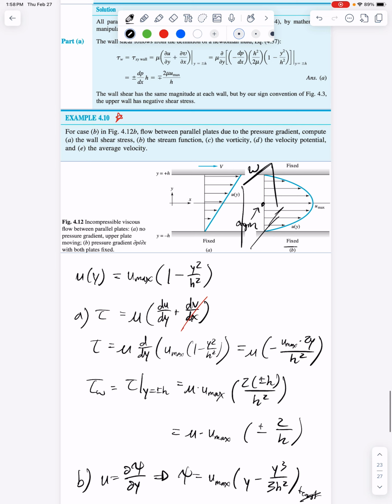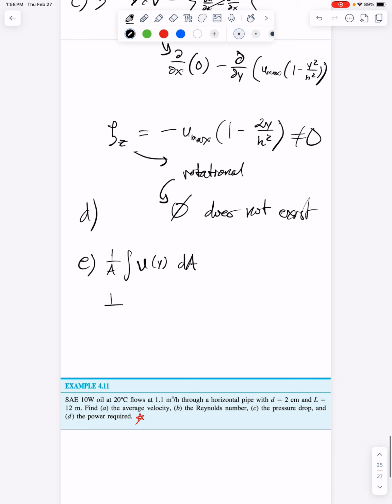If that's w, 2h is on the vertical side. So I get 1 over 2h times w times the integral of u of y, which is u max times 1 minus y squared over h squared, multiplied by w times dy. So these two w's cancel out. And we're integrating u of y with respect to dy, right? So essentially, we're looking at this.